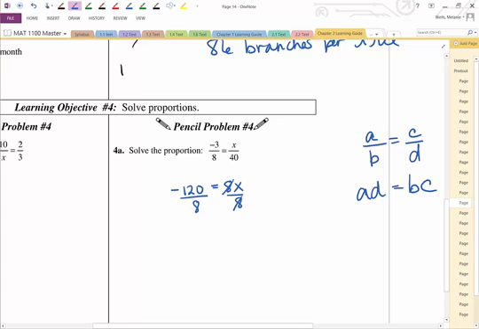Negative 120 divided by 8 gives me negative 15 is equal to x. So the solution is negative 15. Remember that you can check these. If I plug back in a negative 15 here, we cross multiply, you should get the same value. There you go.